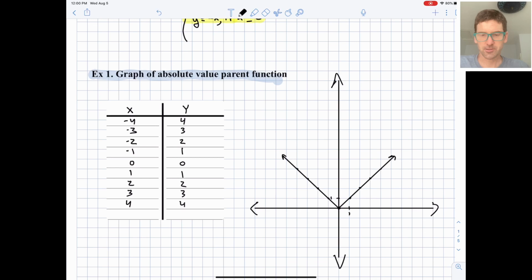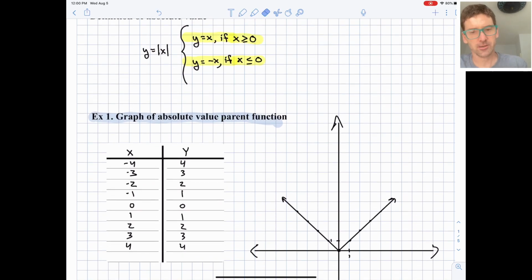All right, so trying to make a connection here to what we were talking about at the beginning. Y is equal to x if x is greater than or equal to 0. So that's this piece right here. So x is greater than or equal to 0, and we just have a y equals x line, slope of 1, intercept of 0.